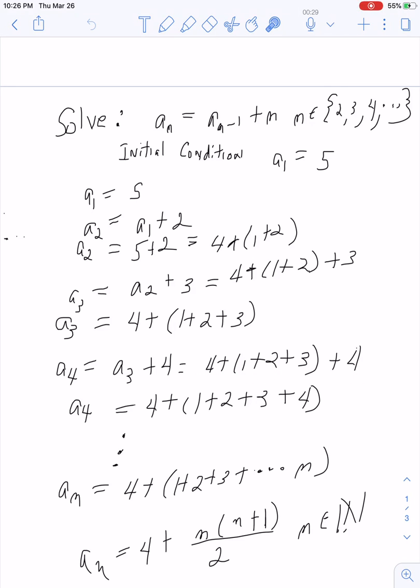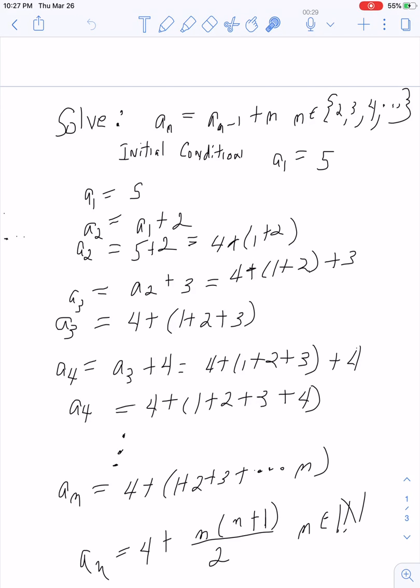I group that 4 with the rest, and I get a sub 4 is 4 plus 1 plus 2 plus 3 plus 4. Now I started looking at this. A sub 4 is 4 add 1 plus 2 plus 3 plus 4. A sub 3 is 4 plus 1 plus 2 plus 3, and I started thinking about that index and that last term.